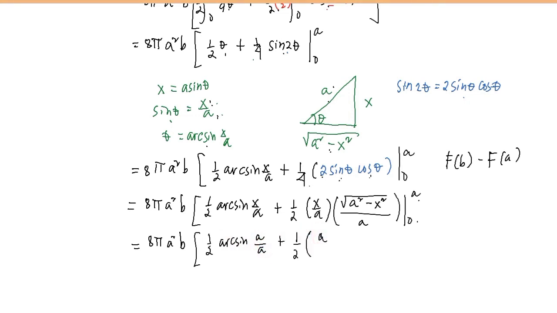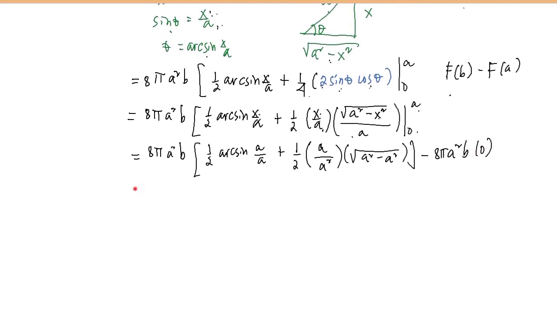The x would be a times a here, that is a squared, multiplied by the square root of a squared minus the x squared here will be a squared, and this is for the upper limit f of b. For the lower limit f of a, we have here 8 pi a squared b, and the arc sine of 0 is 0, and if this x here will be 0, this term will be 0, so meaning this is equal to 0.